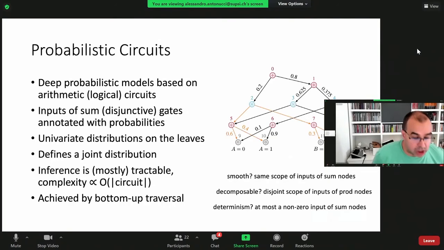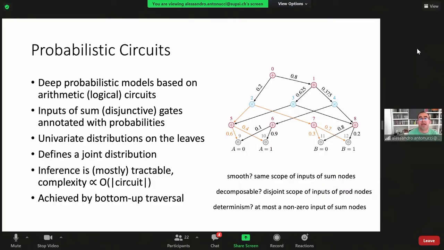I'm not focusing on Bayesian networks. I'm focusing on probabilistic circuits, which are deep probabilistic models based on logical or arithmetic circuits. You see we have sum nodes, which if you want are disjunctions, and product nodes, which are conjunctions.